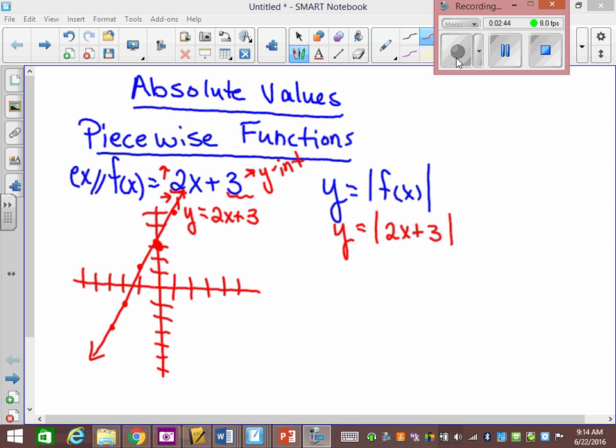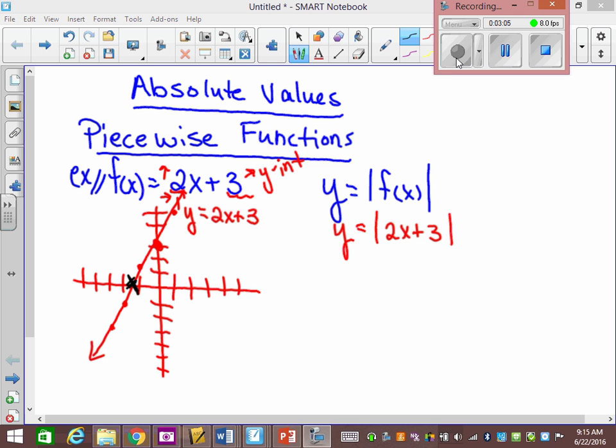What I tell you is important about piecewise functions. In order to do piecewise functions, what do you need to know off the graph? Where does that graph reflect up? At the x-axis, right? So the turning point where it's going to change is going to be your x-intercept.